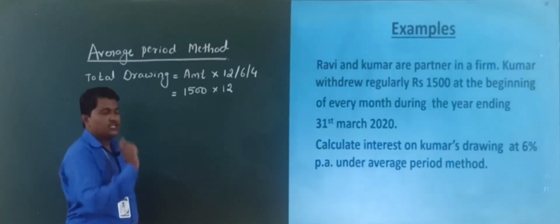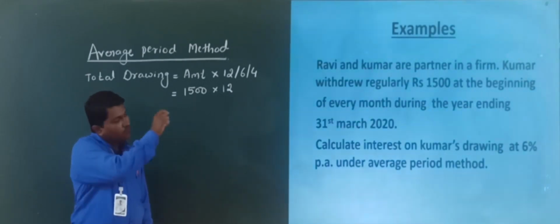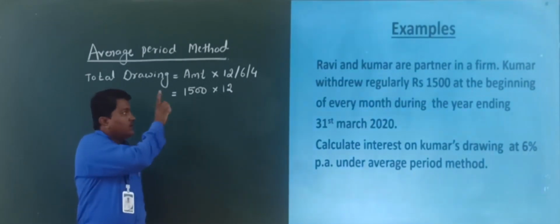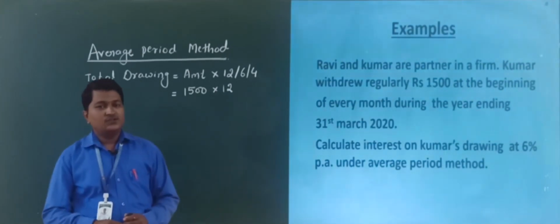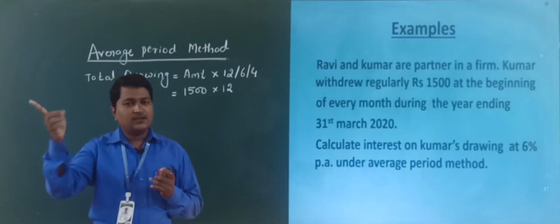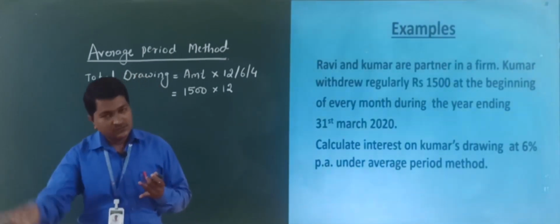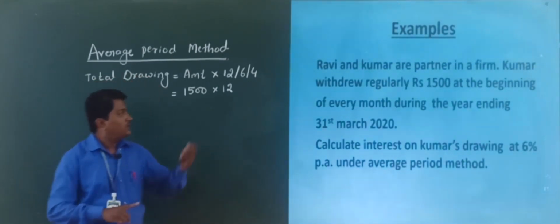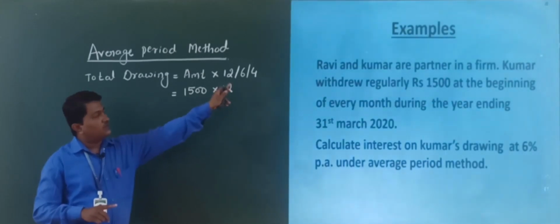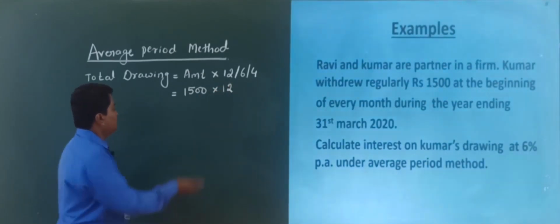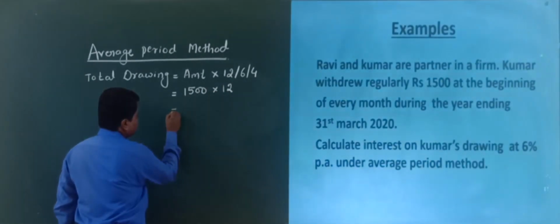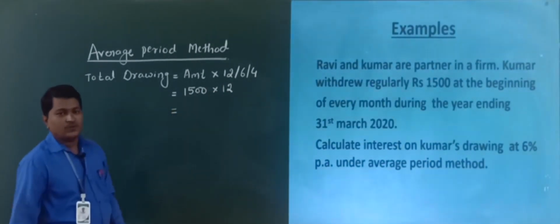They clearly mention in the question whether quarterly, half year, or full year. So 31st March means full year, 30th September means half year, and quarterly means multiply by 4. So now I multiply by 12. So give me the answer here. Yes, what's the answer?